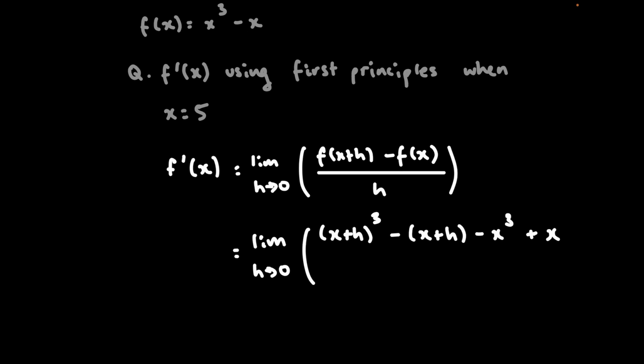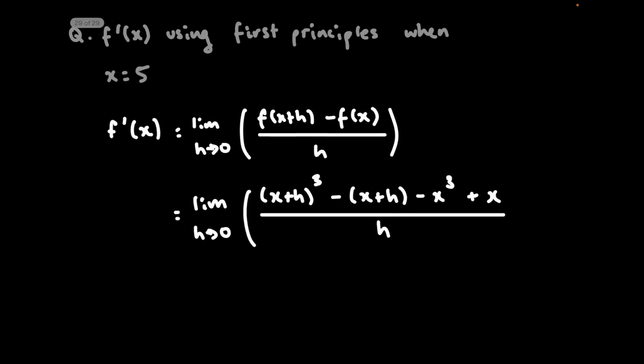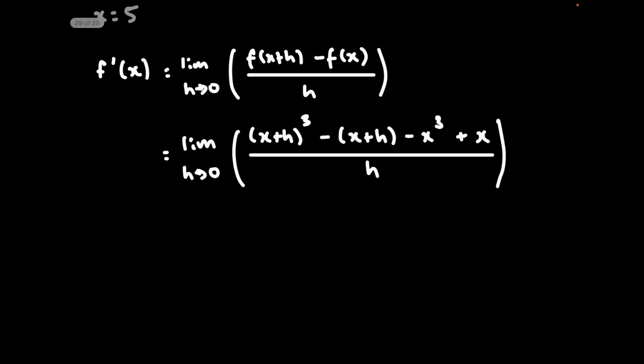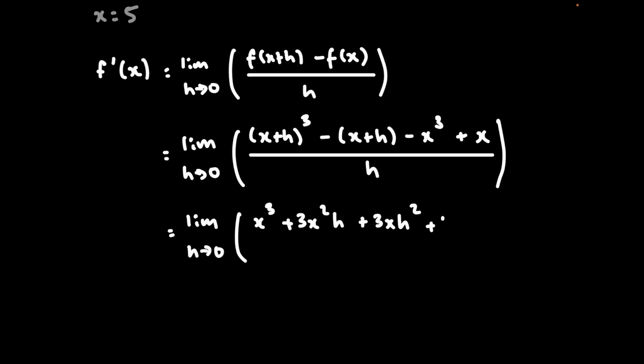Continuing on from here, we can divide all of this by h. Now we expand out the numerator. To expand out the numerator, we get the limit as h approaches 0 for x cubed plus 3x squared h plus 3xh squared plus h cubed.